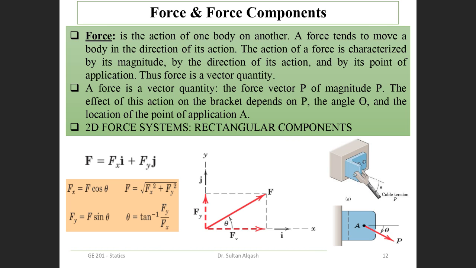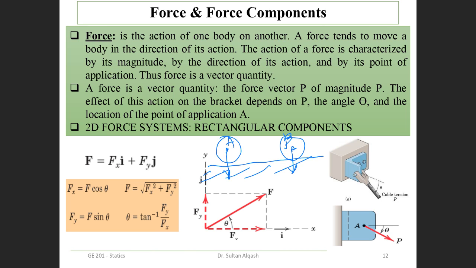Just to be clearer, we have object A and this object B. They are on a table, for example, or on the ground. So the only forces affecting them are their own weights, right? This is particle A, and this is particle B. So is there any force that will affect these two particles between each other? No forces, right?